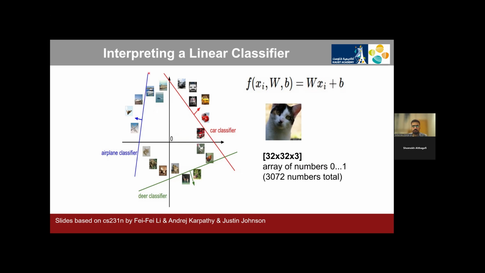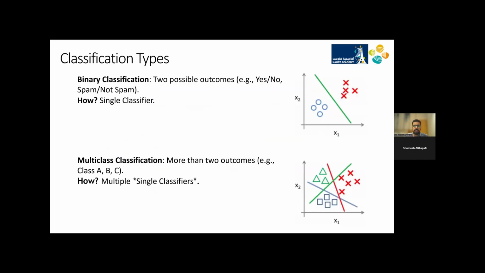Okay, so for example, we learn this specific boundary for the airplane, and we say that whatever is behind that line, it belongs to the airplane, and whatever is behind this line, it belongs to the car class, and the same thing for the deer class. You can have as many classes as you like, right? This particular thing is a CIFAR 10 dataset, which has 10 classes actually.